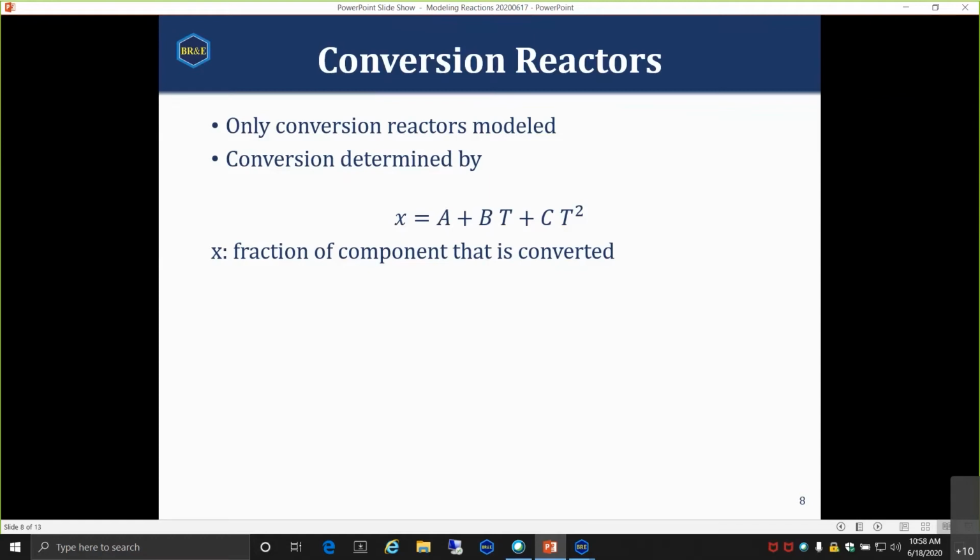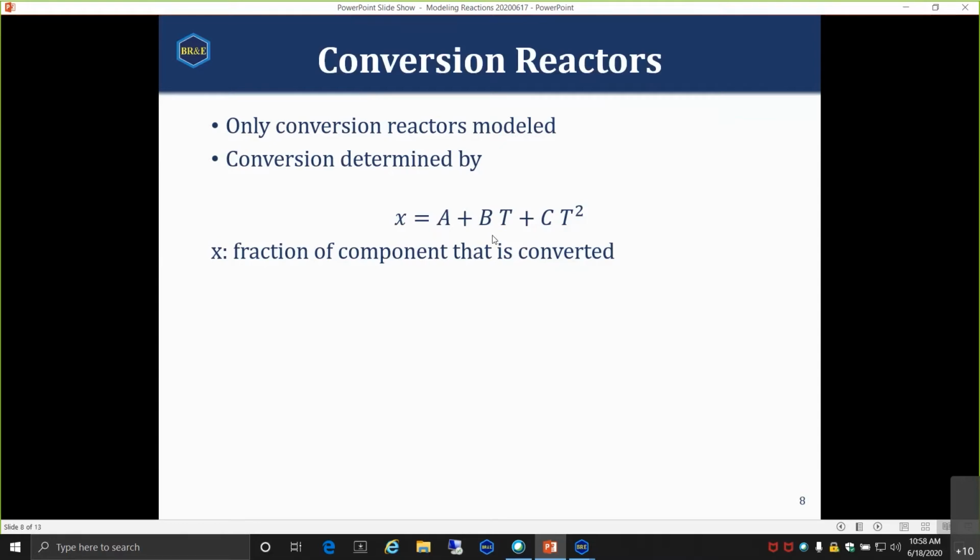If you want to always have 75% conversion, then that A value is 0.75, and so you would have your fraction conversion calculated from this expression.